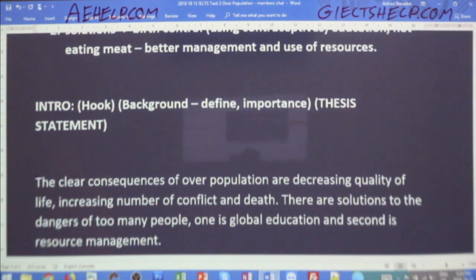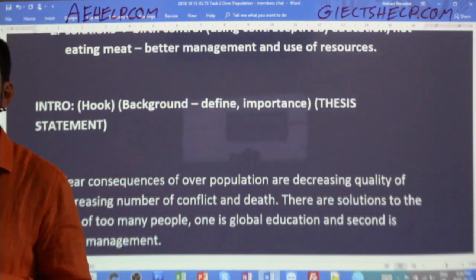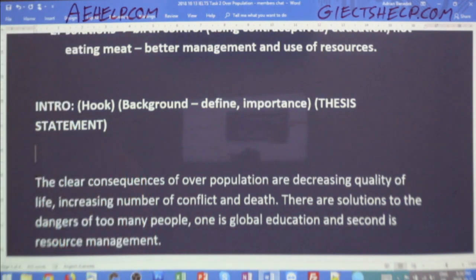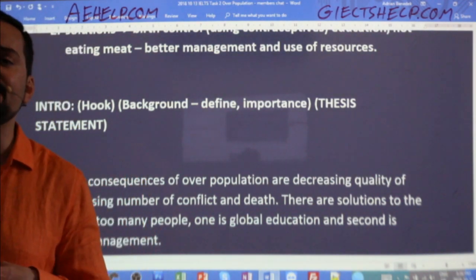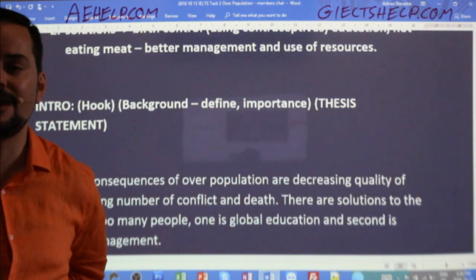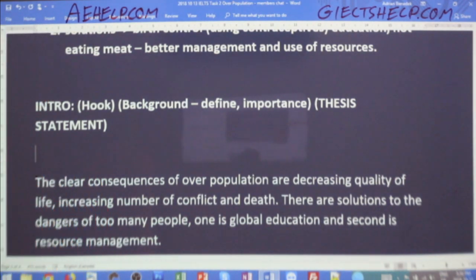So we'll do body paragraph 1 about consequences, body paragraph 2 about the solutions. Yeah, Mohammed, there you go. That's better. The effect of overpopulation is poor quality of life, increasing number of conflict and death. Whereas the solutions for this is global education and resource management. Very good.